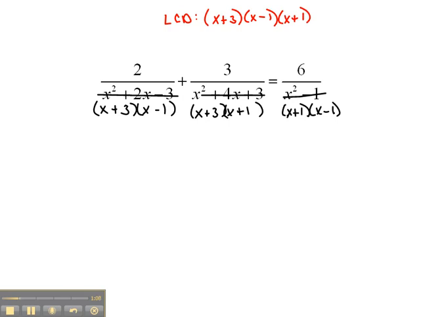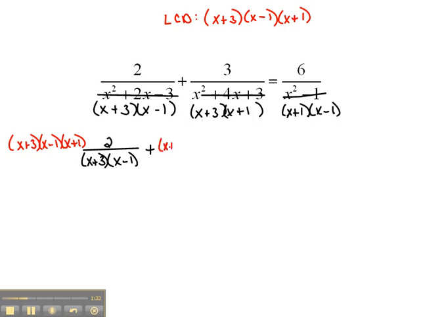Alright, so now we're going to show that we're multiplying every single term by the common denominator. So that would be times the 2 over, and here again I'm going to write this over that factored form so that we can see exactly how that will look and exactly what will cancel for us.